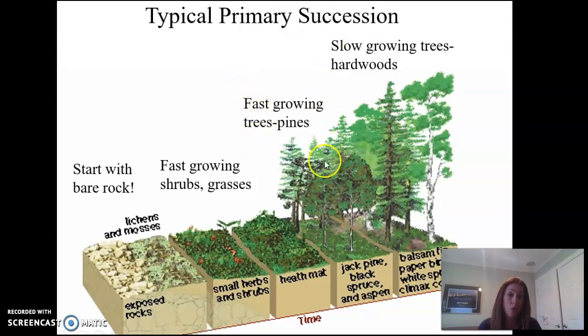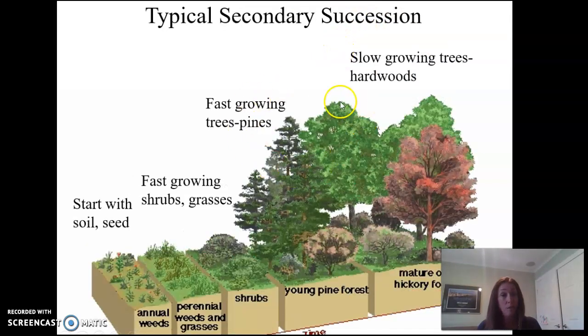So they will actually shade out these pine trees and kill the pine trees because they need light. And so the end result of a lot of our East Coast communities are these hardwood forests. So once you see that hardwood forest, what you can typically assume is that it has gone through all phases of succession.